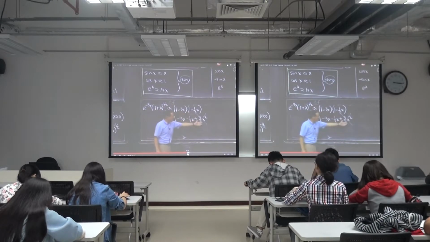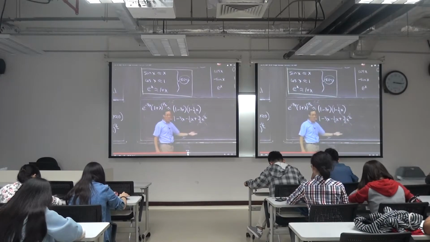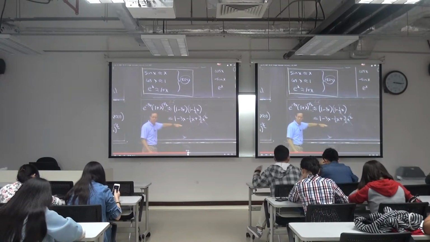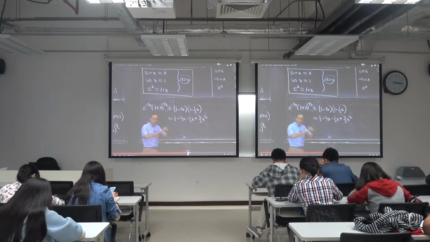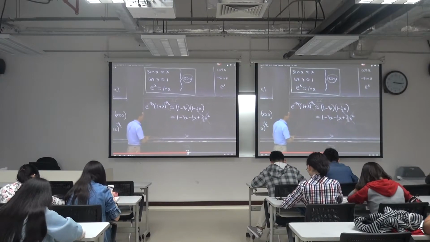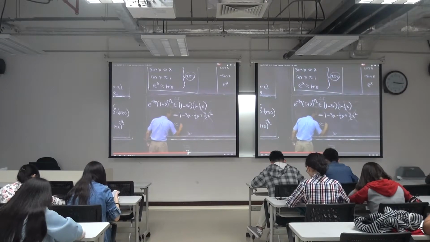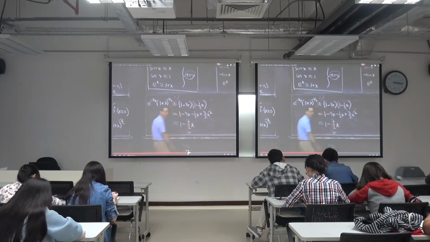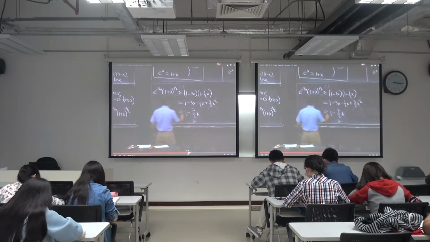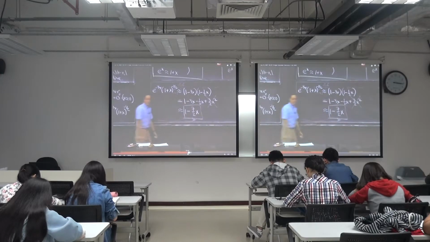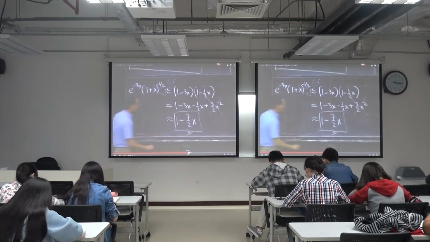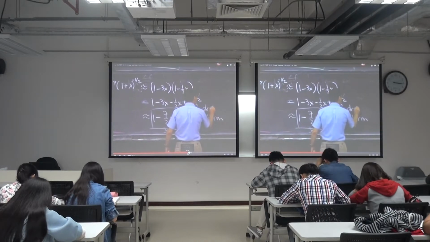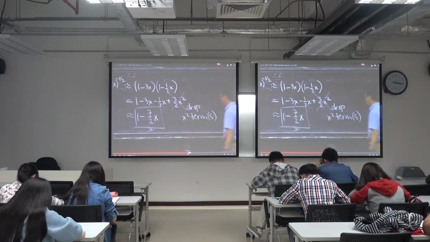So this isn't the only quadratic term. There are tons of them. I have to ignore all of them if I'm going to ignore some of them. And in fact, I only want to be left with the linear stuff, because that's all I'm really getting a valid computation for. So this is approximately 1 minus, so let's see, it's a total of 7 halves x. Right? And this is the answer. This is the linear part. So the x squared term is negligible. We drop x squared terms and higher.